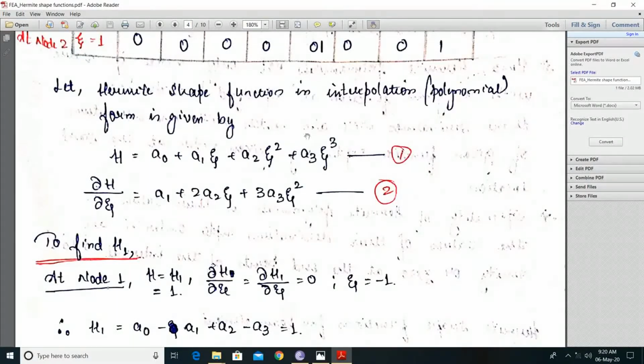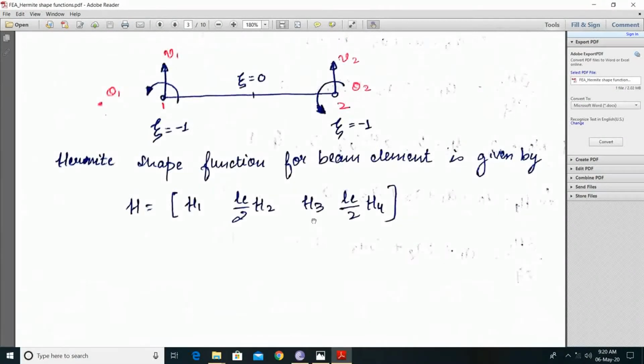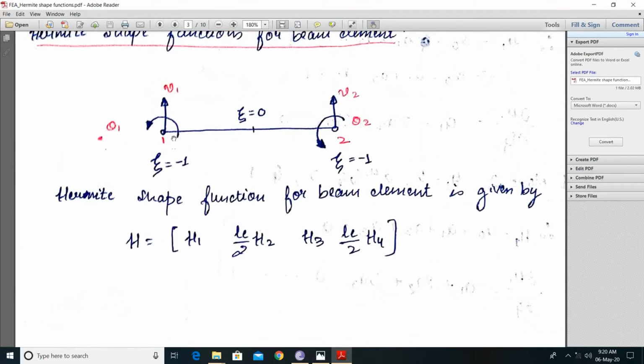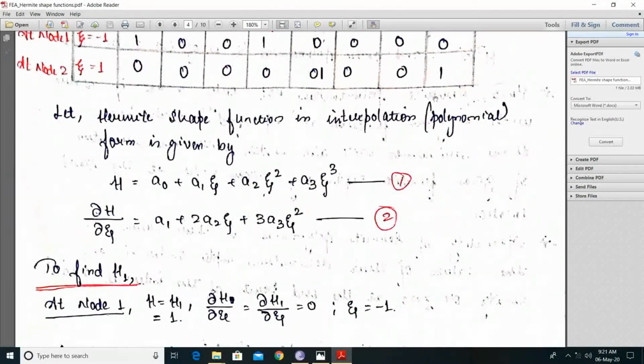Why does this expression have 4 terms? Since each node of a beam element has 2 degrees of freedom, the whole element has 4 degrees of freedom. So there should be 4 terms when you assume a polynomial function, and it should be cubic. So this is the equation, and let us call this equation 1.